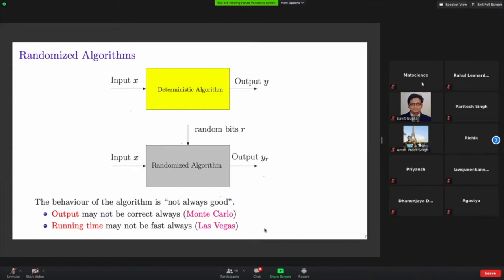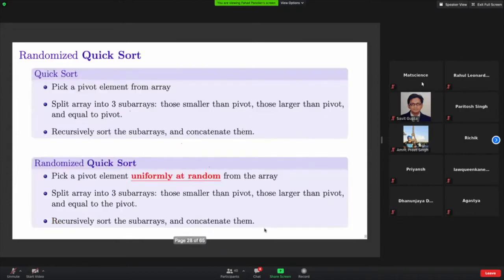So first, an example of a Las Vegas algorithm, which is randomized quicksort. What is a normal quicksort? It picks a pivot element. Maybe it picks the last element in the array as the pivot, and after picking the pivot, it splits the array into three subarrays.